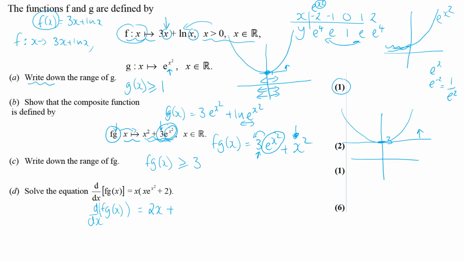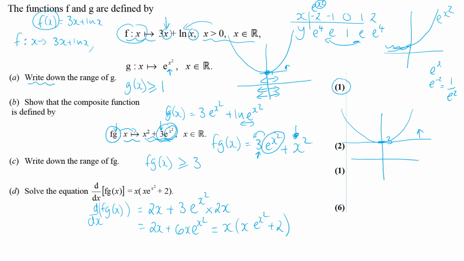The e to the x squared is a function of a function, so we're going to use the chain rule. So differentiation with respect to the e first, you're going to have 3e to the x squared. Now you haven't differentiated with respect to the x squared, so that's going to be multiplied by 2x. So let's tidy that up. 2x plus 6x e to the x squared is what we're going to get when we differentiate, and it's asking us to equate it to x into x e to the x squared plus 2.